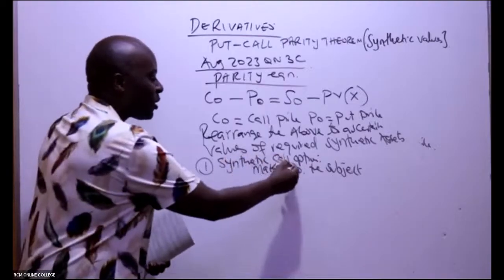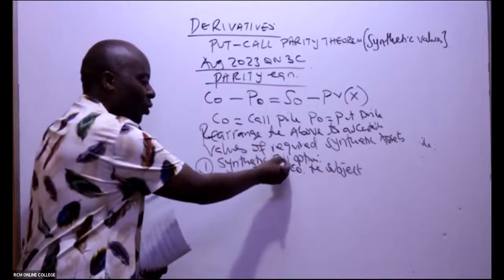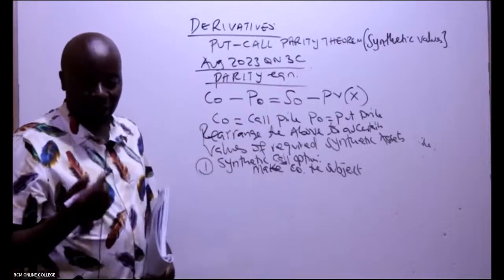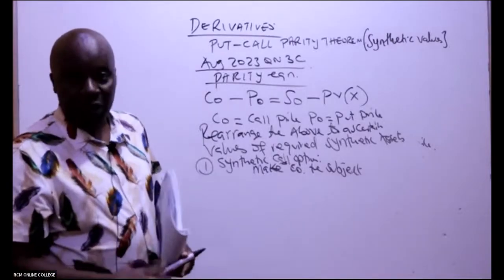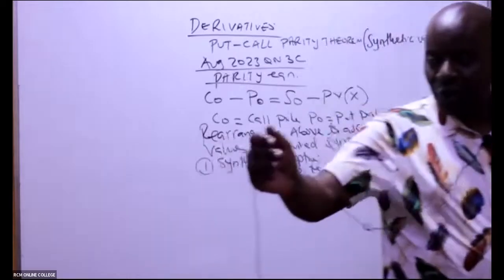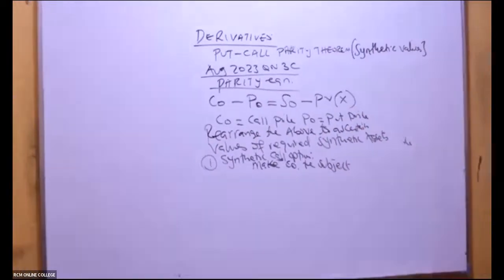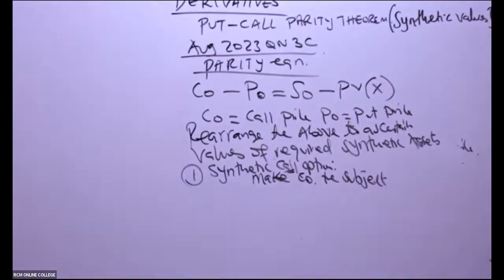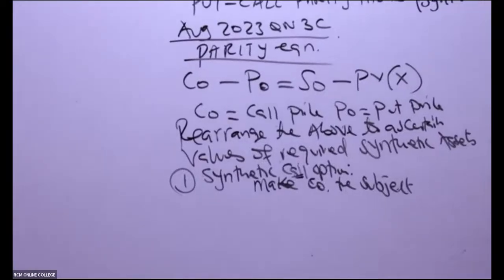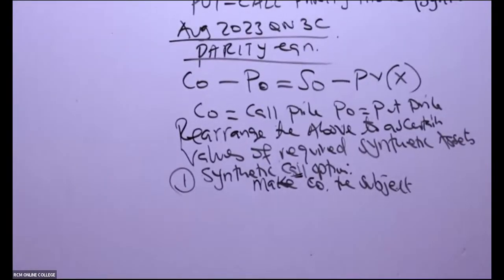From this parity equation, because they want the call option, you simply make CO the subject of the equation. Do we know how to make these things subjects of the formula? It's very, very easy.